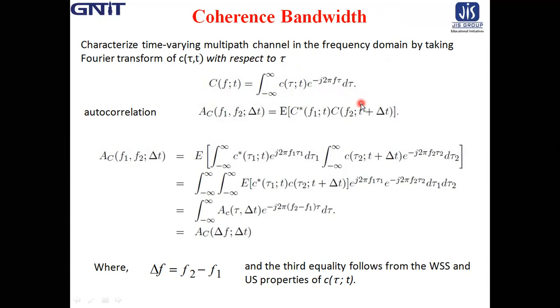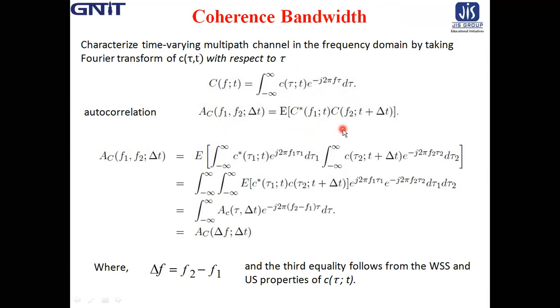The autocorrelation function is given as A_C(f1, f2, delta t), defined as the expectation of C conjugate (f1, t) times C(f2, t plus delta t).